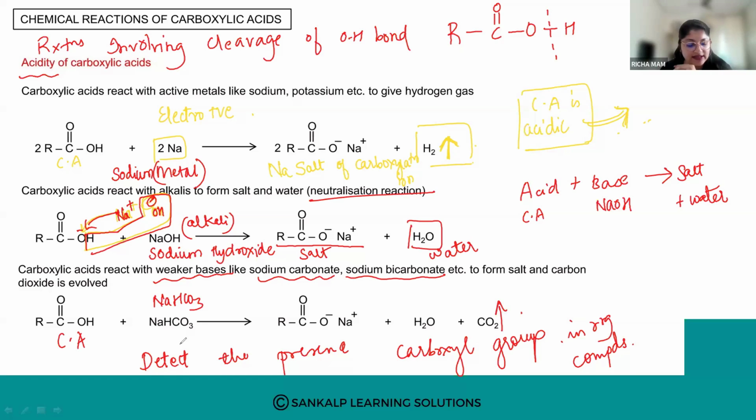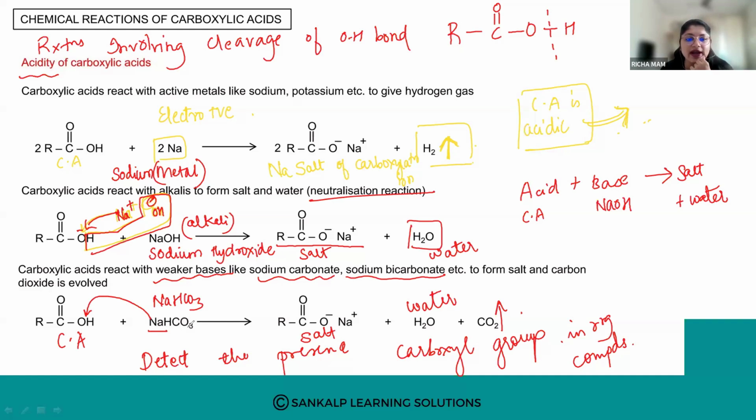So what will happen? Your carboxylic acid reacts with sodium bicarbonate. It forms salt, water, and carbon dioxide gas evolves. So it forms a salt, the carboxylate: Na will combine with O minus.